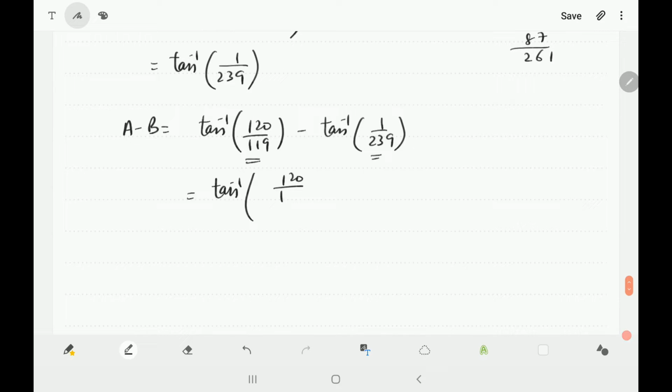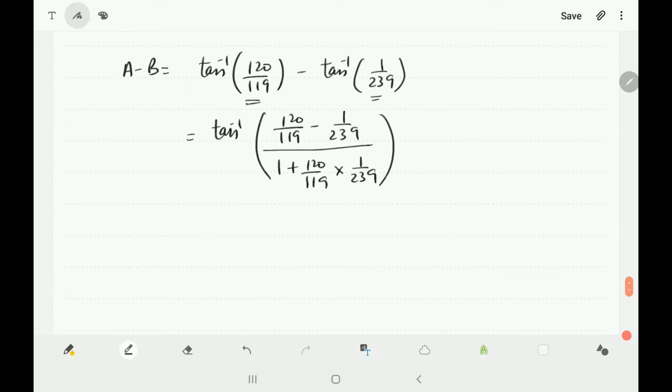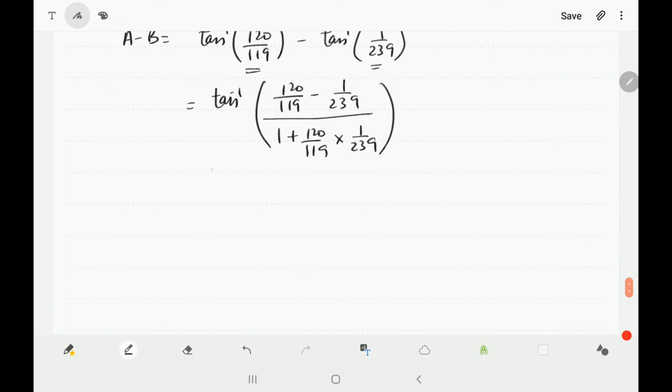So we'll be writing 120 by 119 minus 1 by 239 upon 1 plus 120 by 119 into 1 by 239. For these kinds of calculations, I have told you earlier also that you need not simplify, because the LCM in both the cases, in the numerator as well as denominator, is the same. So you can write 120 into 239 on LCM minus 119 divided by 119 into 239 plus 120.